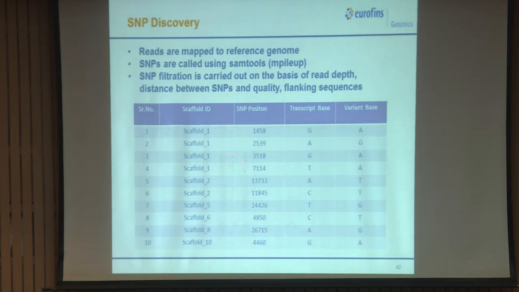Then we identify SNPs. This can be your scaffolds or your chromosomes. We identify G to A at these locations. So, we get a file called a VCF file, which is a raw file of SNPs, wherein I can identify which base is getting changed to which base at which location. And if I want to visualize, I can visualize as we saw in the first slide.